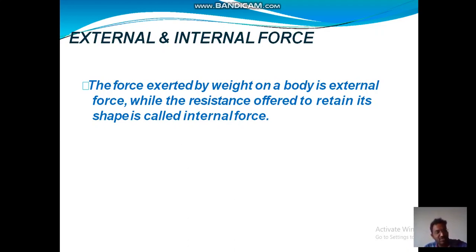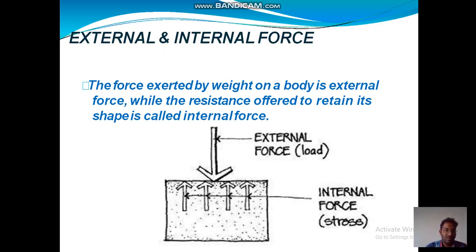It means the self weight acting on a particular object is an external force. Due to this external force, automatically there is a disturbance in the internal structure, and we can say it is an internal force. Just see here, the external force will be here and the internal force will be here. Internal force means it is a stress. It means there is some resistance, and that thing we can say is an internal force.